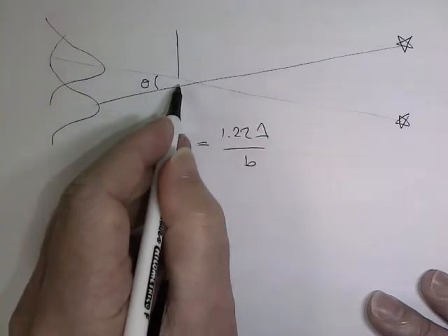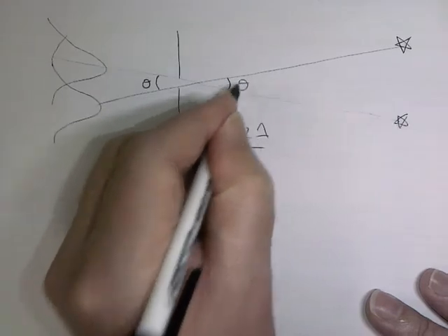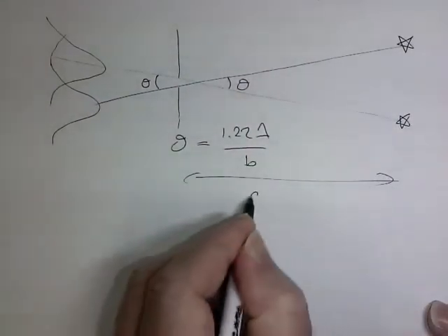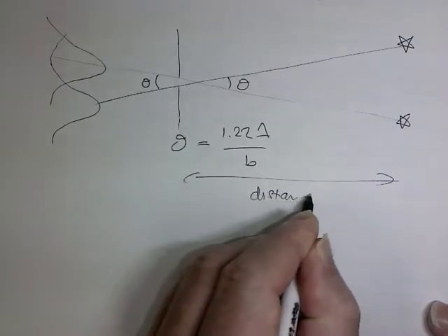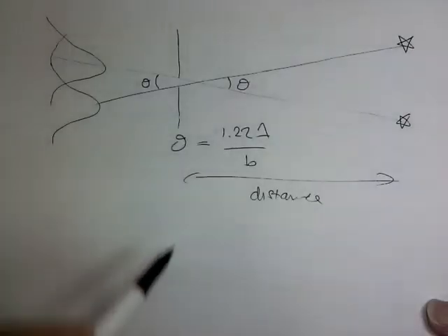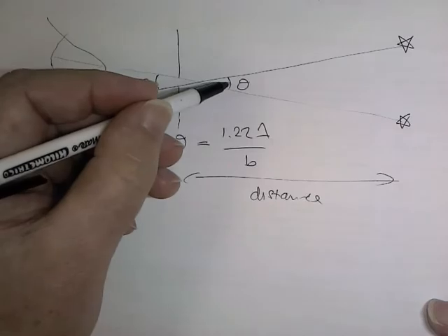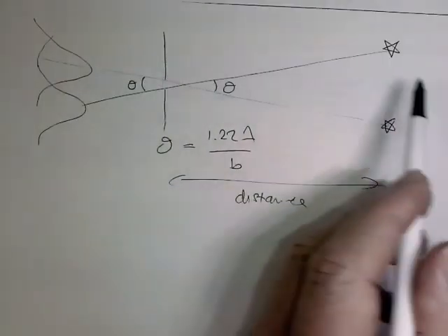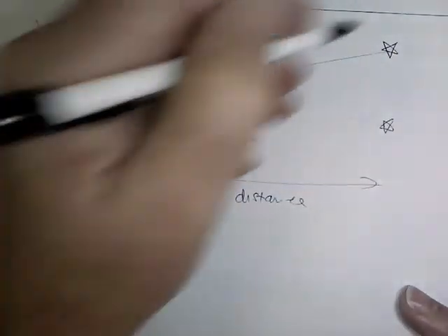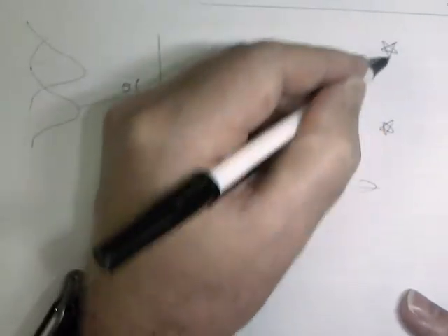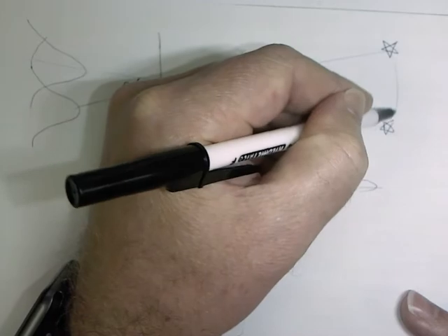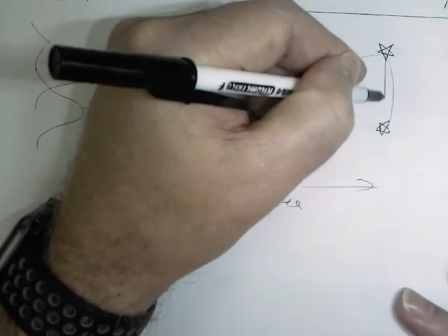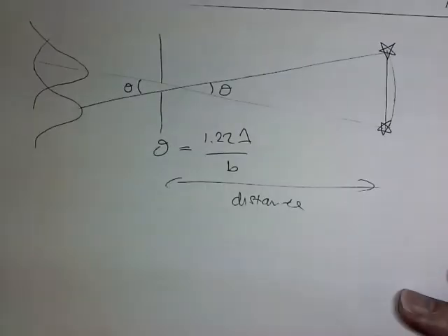Now, if you know the angle here, then this is the same angle there as well. That extends all the way to the stars here. There's the distance to the stars from the telescope, and if the angle's very, very small, which it actually will be because you're dealing with large distances to the stars, then this arc length that I just sketched in is pretty much going to be the same as this chord length there.